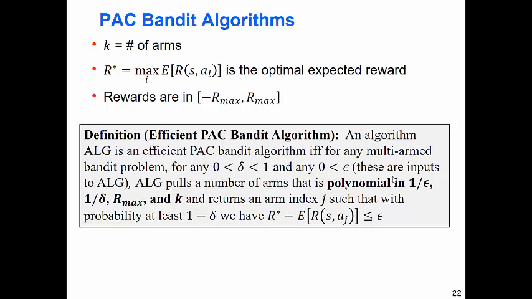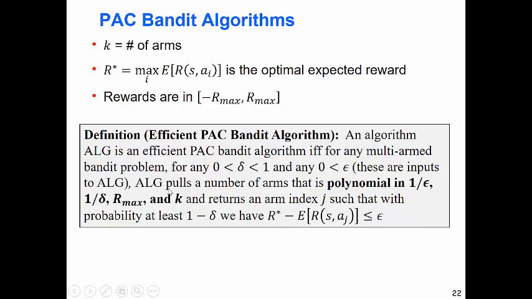So the two that I showed you, those extreme cases, it has to work for those. It also has to work for any other bandit problems. Our algorithm is going to get two inputs, delta and epsilon. And after you've seen PAC and understood it, whenever you hear PAC, you're going to be thinking, oh yeah, there's a delta and an epsilon. Delta is going to be our probably, and epsilon is going to be our approximately. So delta and epsilon are given to the algorithm.